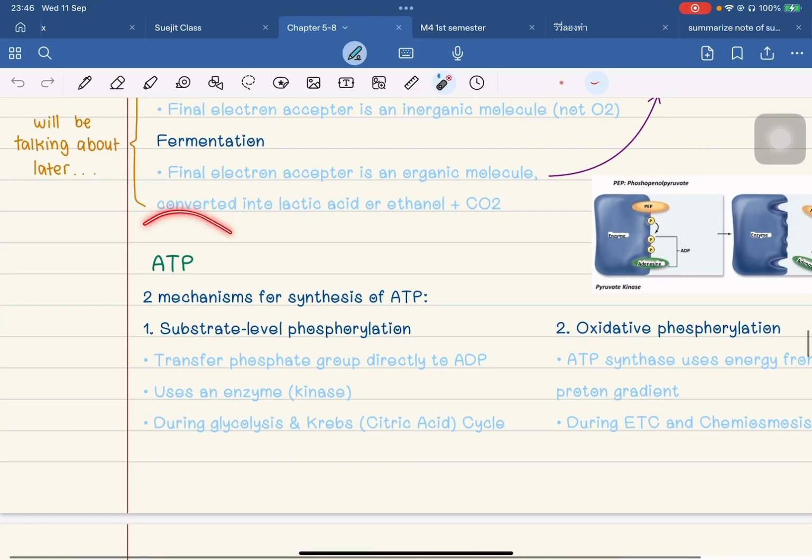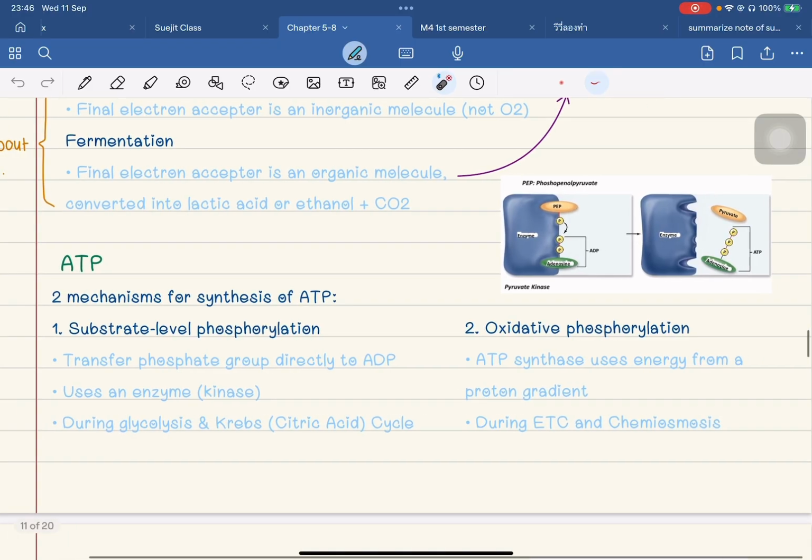Before that, we're going to learn a bit more about ATP. There are two mechanisms for the synthesis of ATP. The first one is substrate-level phosphorylation, which transfers a phosphate group directly to ADP using enzymes called kinases. It happens during glycolysis and the Krebs cycle.